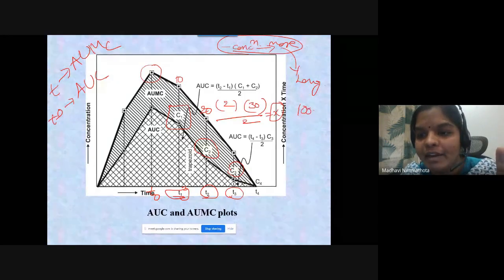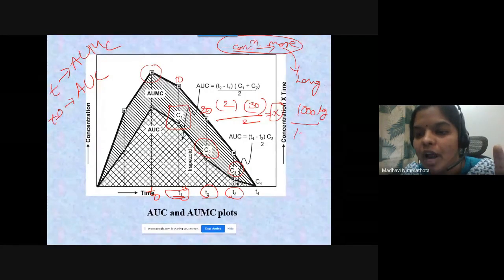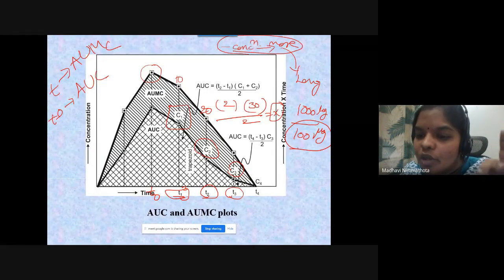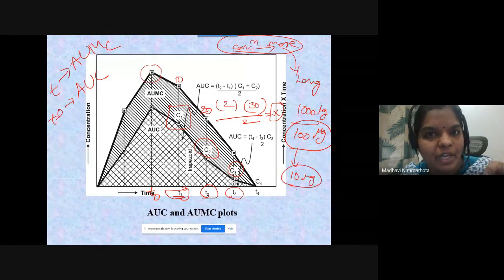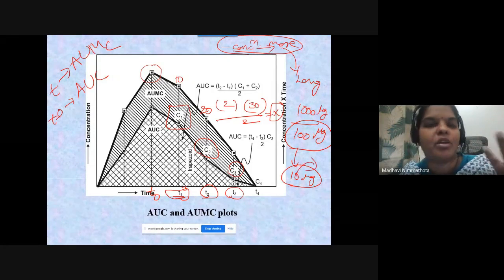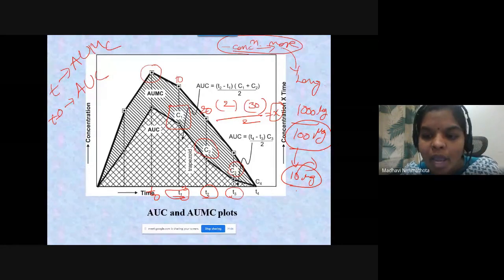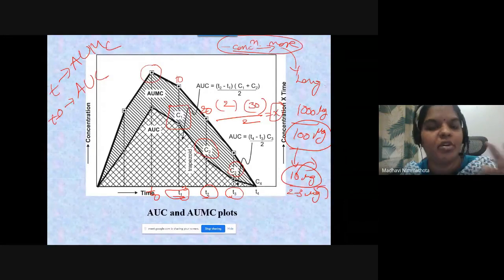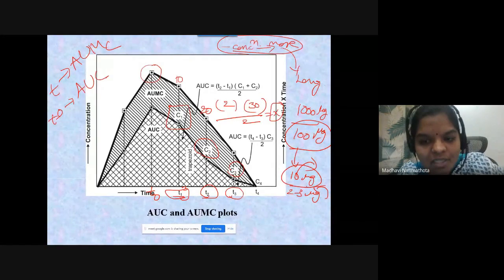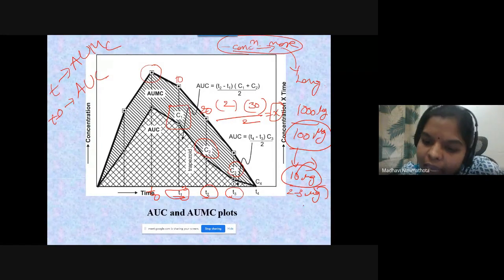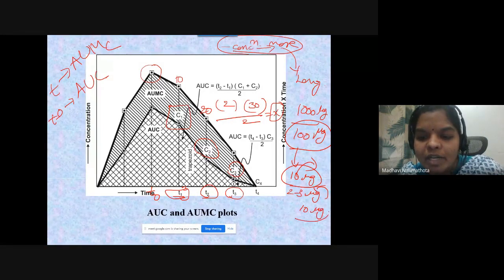Suppose you take 1000 microgram or 100 microgram of the drug dose. Initially only 10 microgram of the drug will get eliminated out, but we cannot predict that the total 10 micrograms will get eliminated. No, at least 2 to 3 microgram will be staying inside our body. So next to the first hour, that is either the 5th hour, again you can eliminate only 10 micrograms.